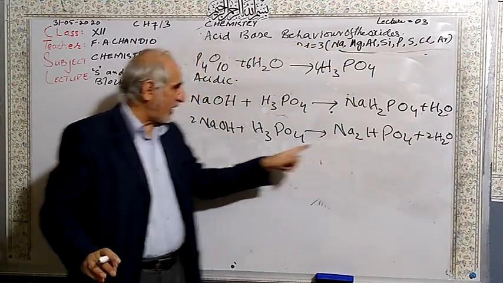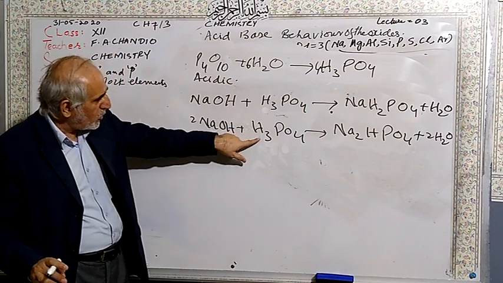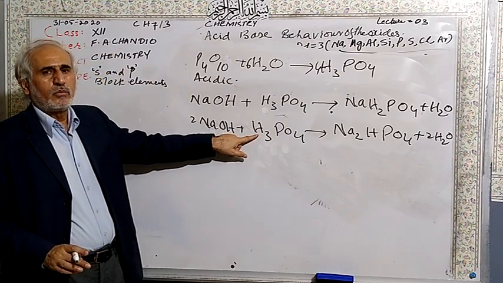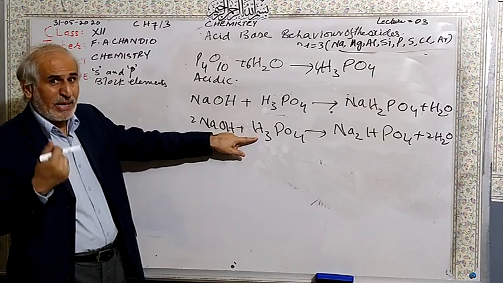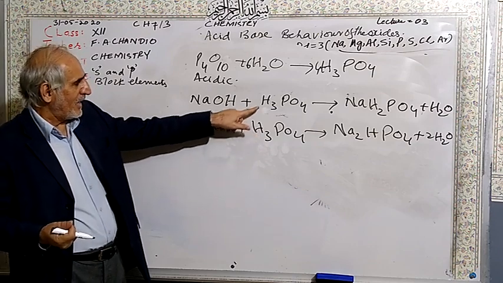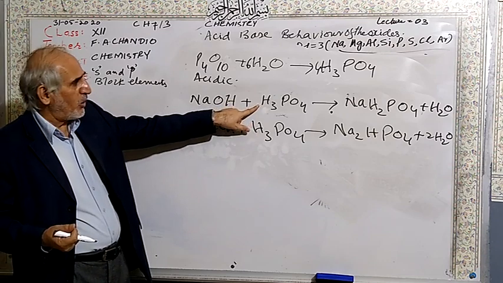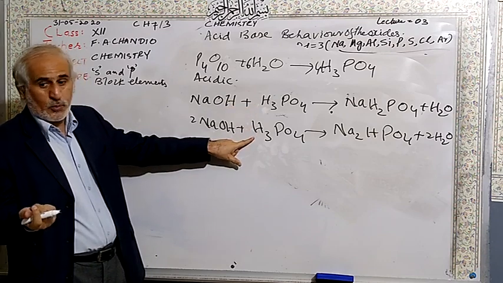In disodium hydrogen phosphate, two hydrogen atoms are replaceable. Two hydrogen atoms are going to be ionized, going to be replaced. So in the first case it gives one donatable proton, in this case, two donatable protons.